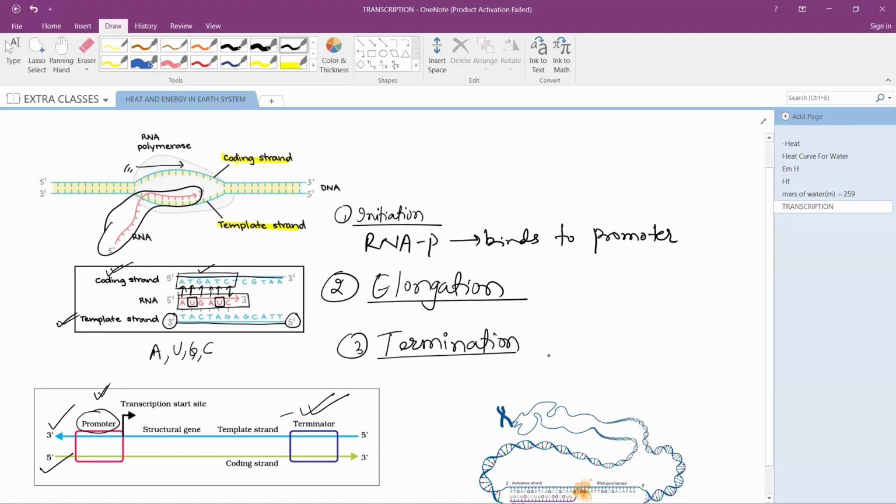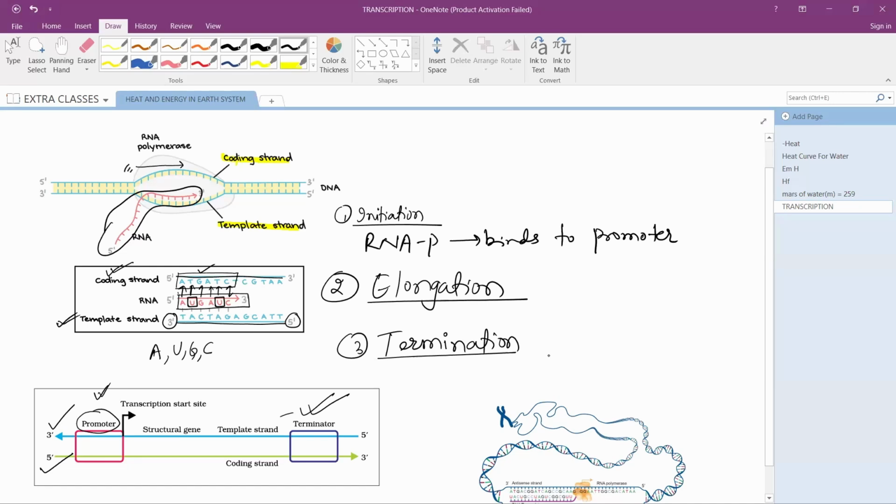What I have lectured you right now, is it related to the notes provided in your classroom, or have I given more or less, or missed anything? I don't think we've really gone over the specific differences between prokaryotic and eukaryotic transcription.